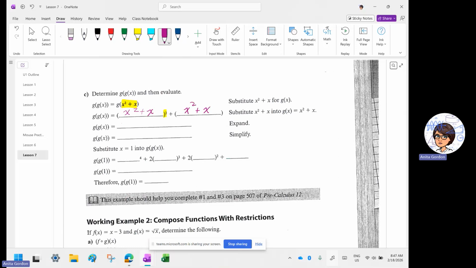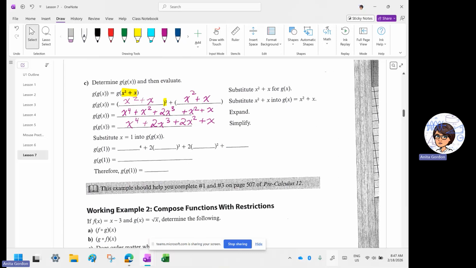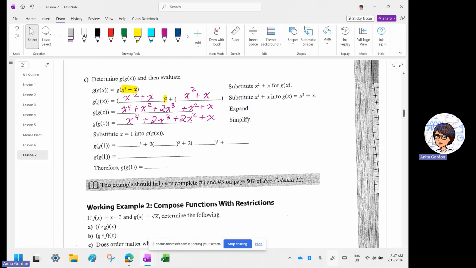Let's expand this. This is going to be x to the 4th plus 2x cubed plus x squared, plus x squared plus x. Oof, yucky. Okay, then we have x to the fourth plus 2x cubed plus 2x squared plus x. I think I wrote that in the correct order, and I think I collected like terms correctly.